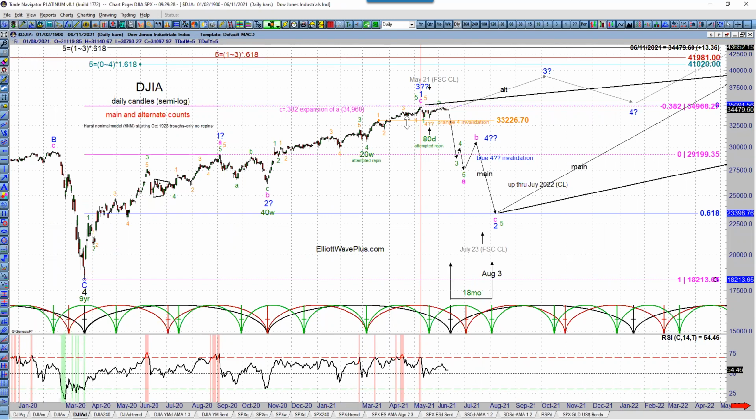It's also interesting to note in my main count, looking for wave C, looking for this to be an A, B, C for wave 1 of a diagonal, the Dow moved on the date of the all-time high on May 10 exactly to that target, 34,968. It overshot it by almost nothing.